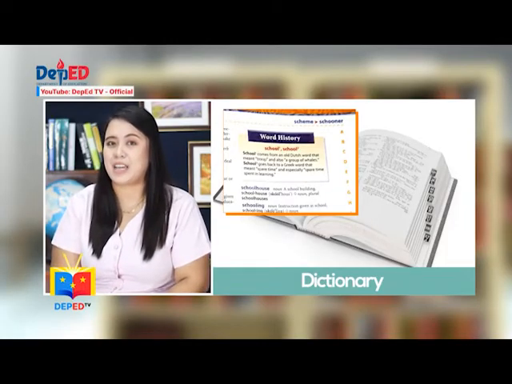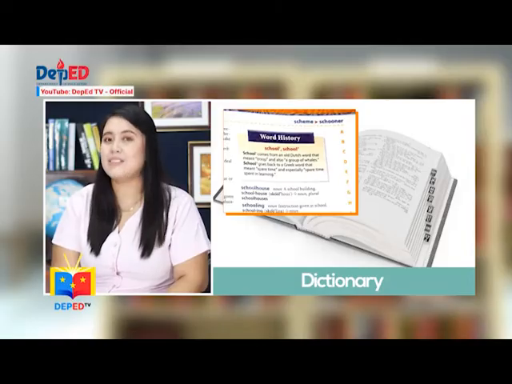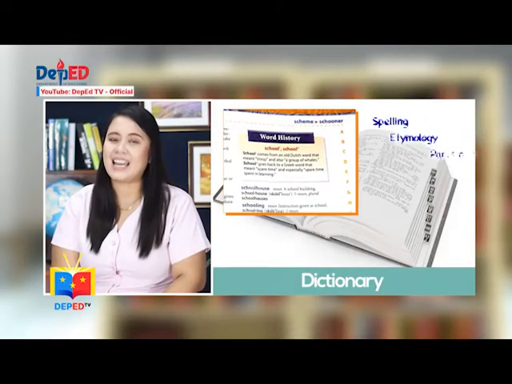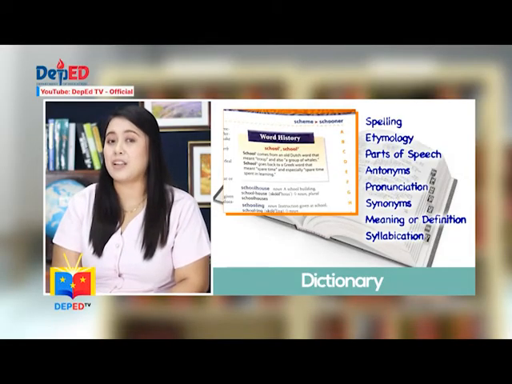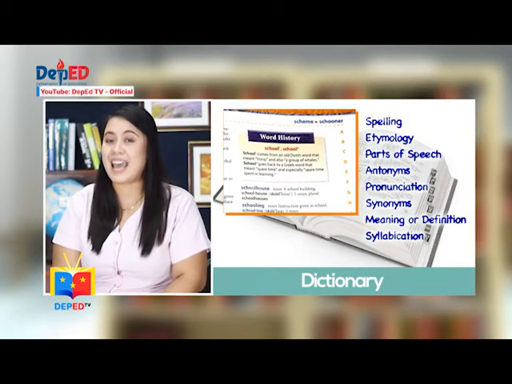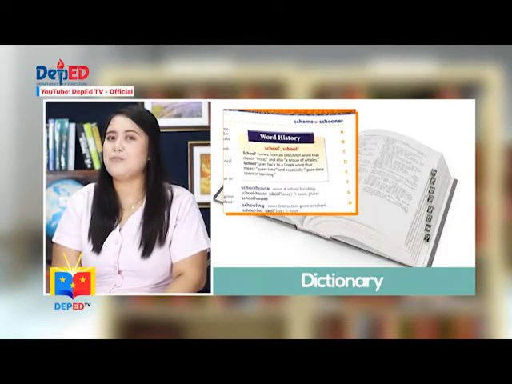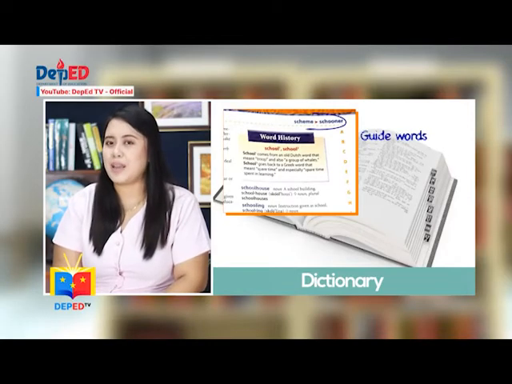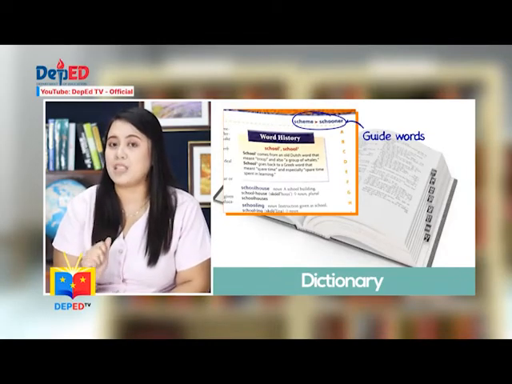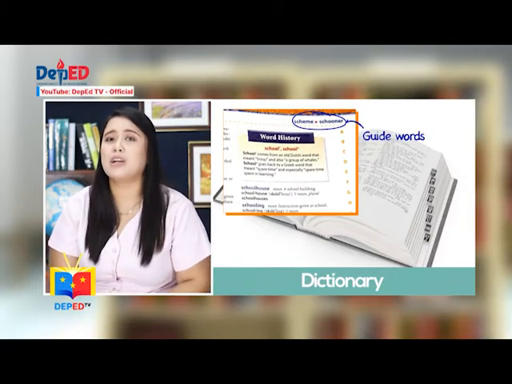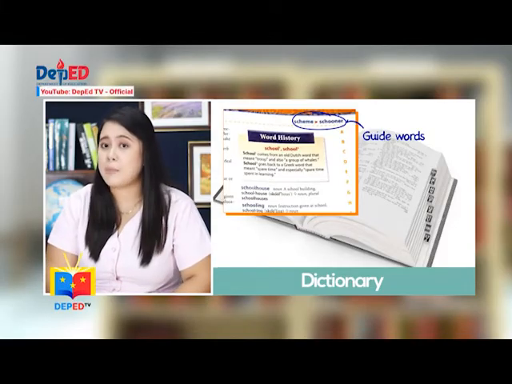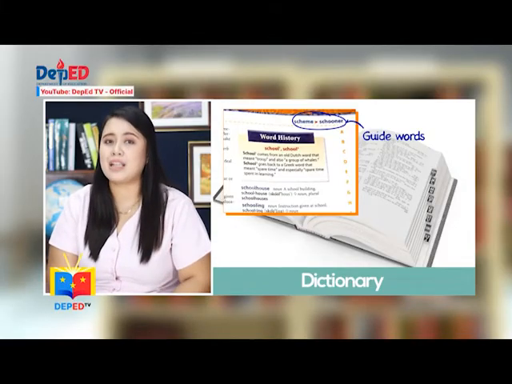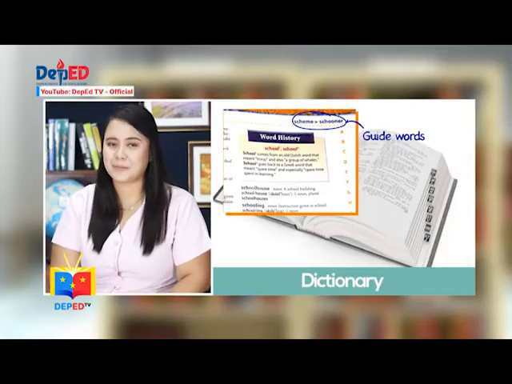The information you get from the dictionary includes the following: spelling, etymology, parts of speech, antonyms, pronunciation, synonyms, meaning or definition, and syllabication. To find a word in the dictionary, look at the guide words at the top of each page. Usually, there are two guide words: one to show the first word on the page, and the other to show the last word on that page.